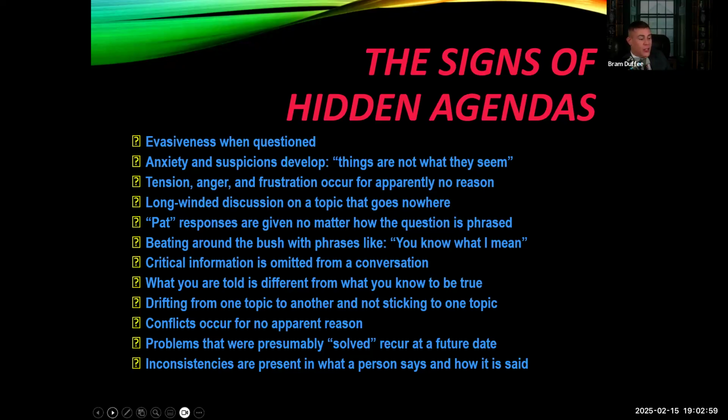Another clue is the use of pat responses, these prepackaged answers like, it's fine, or don't worry about it. And when you get that, no matter how you phrase the question, it's going to indicate that person's avoiding something and they're not really ready to reveal it.